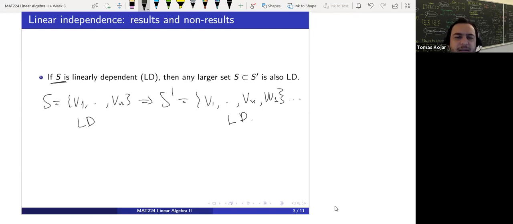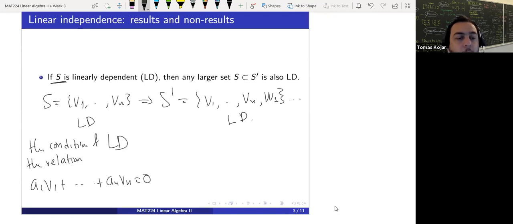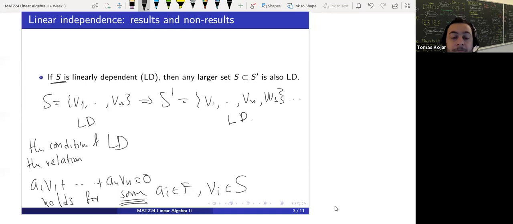I think it's pretty easy to see. The condition of LD is the following: the relation A1 V1 plus ... plus AN VN equals 0 holds for some AI in the field and VI in S, and at least one AI, let's say AJ, is not 0.